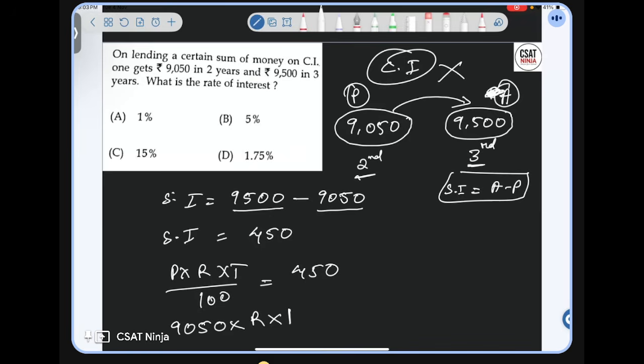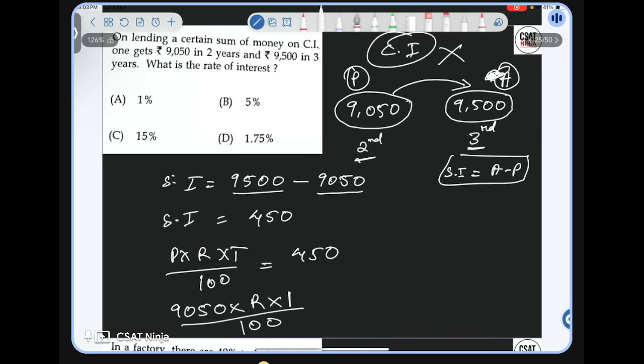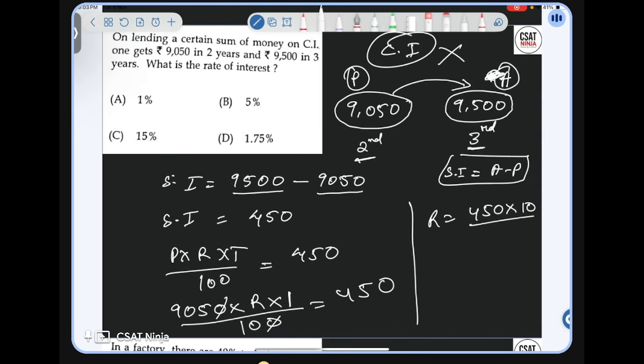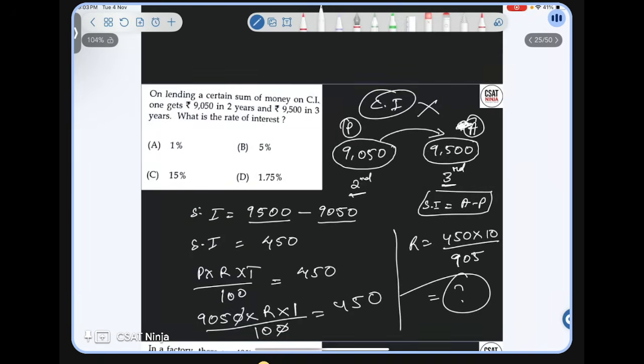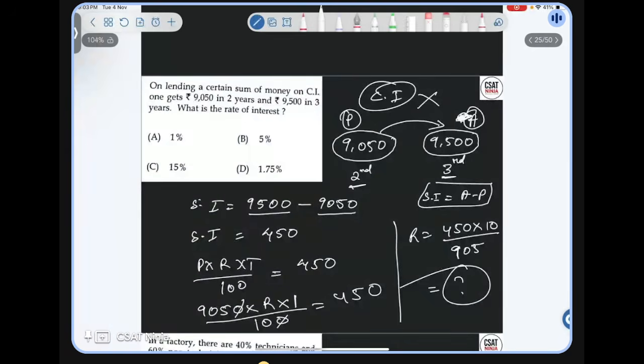The time is 1 year, divided by 100 is equal to 450. So 0, 0 cancel, and the rate of interest will be 450 into 100 divided by 905. You simplify this one, I'll leave this for you. So you'll get the rate of interest there. I hope you followed the concept, because the concept is more important than the answer.